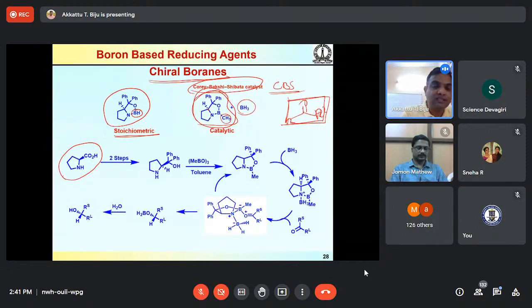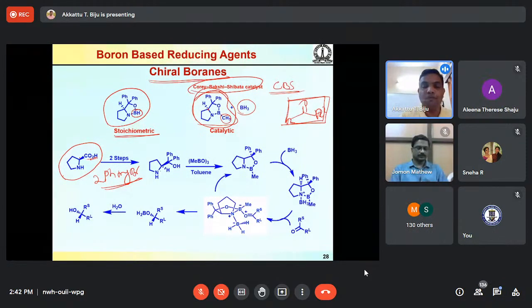And we can see this is the chiral center in proline. If you take proline and add a Grignard reagent, say for example phenyl Grignard, and I'm sure you are all aware of what a Grignard reagent is, the Grignard reagent will add to the carboxylic acid. So two equivalents of Grignard will add to form this amino alcohol moiety.